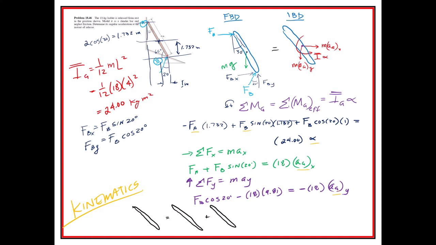But what we could do here is start anywhere we want on this, but we have three different accelerations that we can try to figure out their relationship to each other.